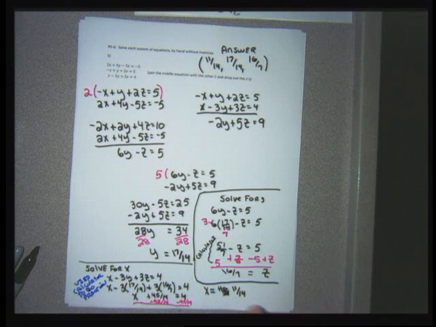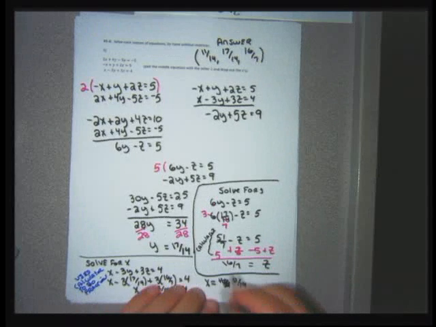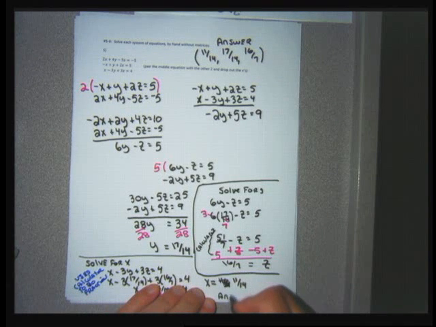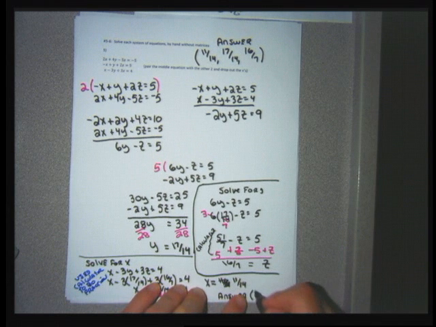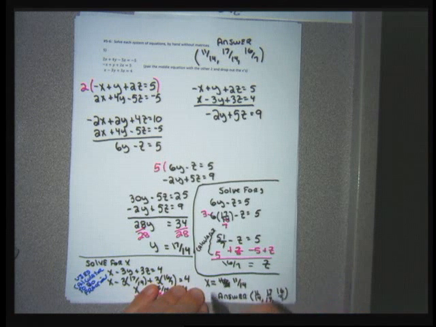That way I still have the correct answer. So this answer up here was correct. You can shove it down here if you really want, because I'm used to putting the answer in the bottom corner. The answer is x is 11 over 14, y is 17 over 14, and z is 16 over 7. I managed to get it on one sheet.